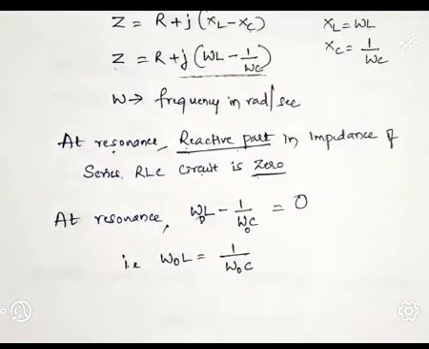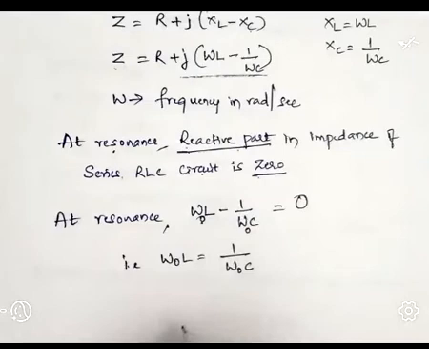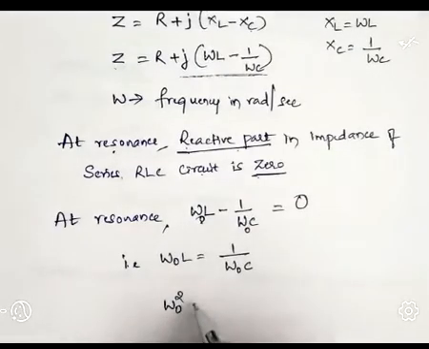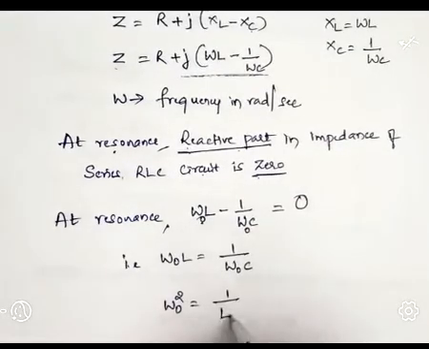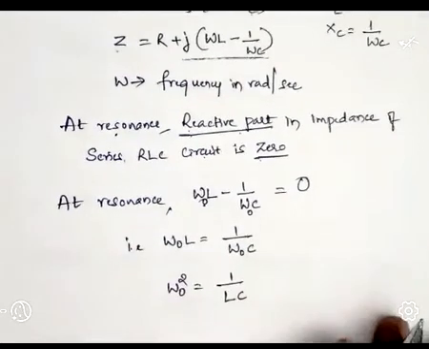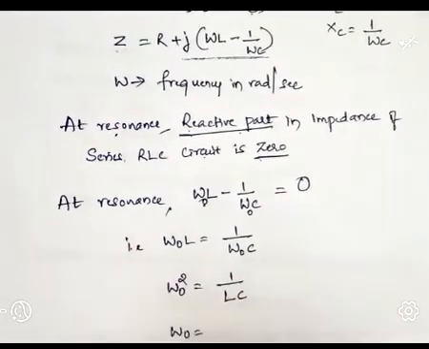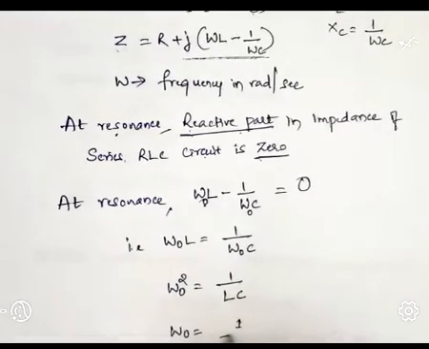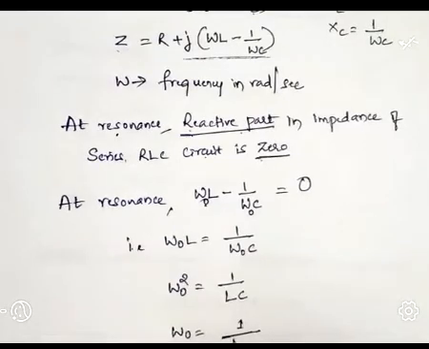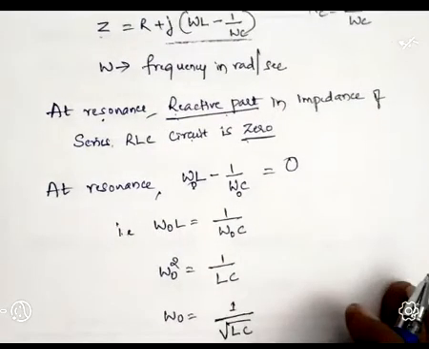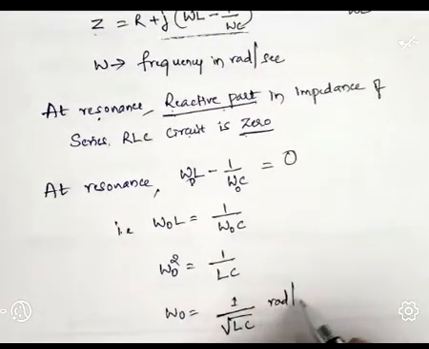Okay. Now, taking the LHS side, omega naught squared equals 1 divided by L into C. Hence, omega naught equals 1 over the square root of LC radians per second.